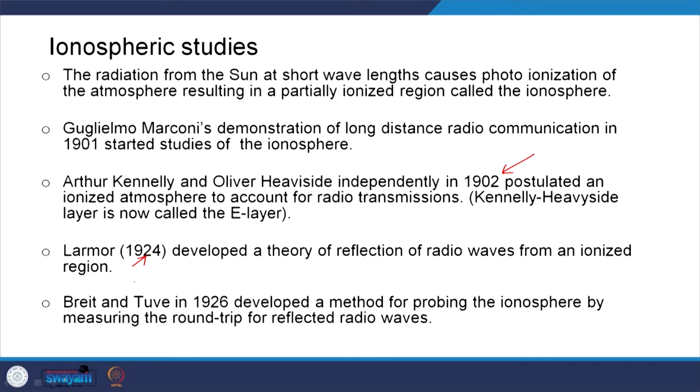Breit and Tuve in 1926 developed a method for probing the ionosphere by measuring the round trip of reflected radio waves. At different points of time, they could measure the time of travel for the electromagnetic wave. Depending on the time, they could calculate the height of this particular reflecting layer, and this height, like I said before, will depend on the frequency of the wave.